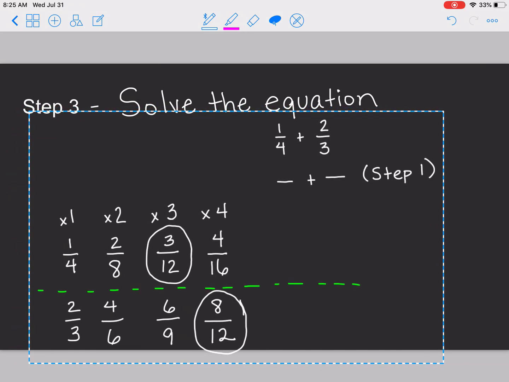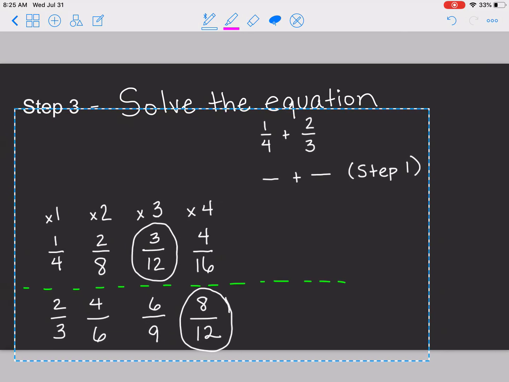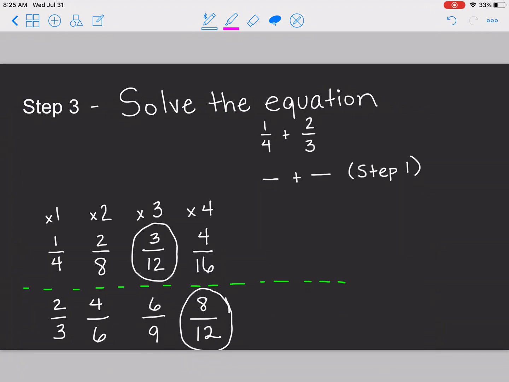All right. So here, at step 3, we're actually going to be able to solve the equation. And here's how. I'm going to label this over here. This was our step 2, so we don't forget this.